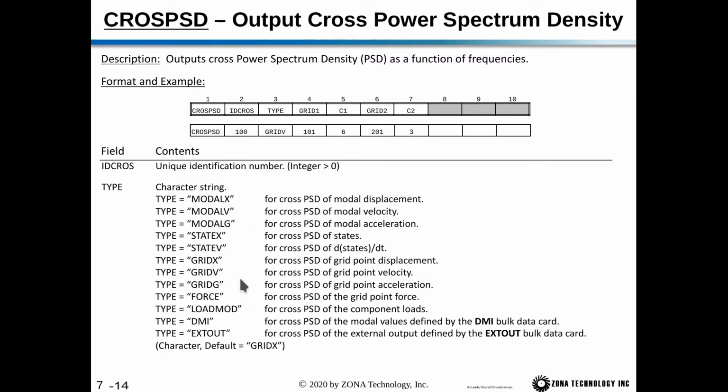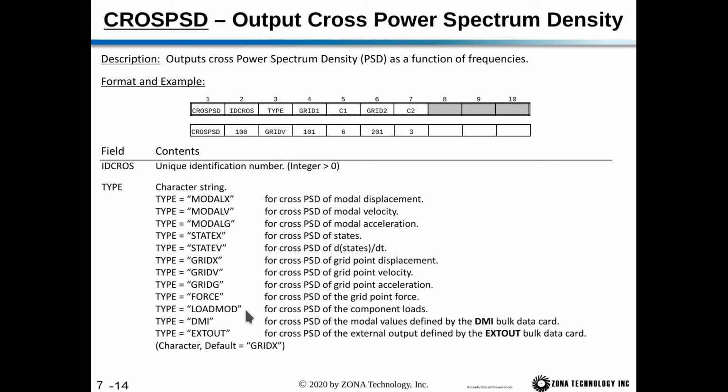In other words, you cannot compute the CROSPSD from a grid displacement and then wing bending, for example. However, if you really want to do that, we have the EXT out option, so you can create a sensor to measure your grid displacement and then a sensor to measure your wing bending, and then use the EXT out card to export those two signals, and then use the EXT out option of the CROSPSD, but that's a little more involved.